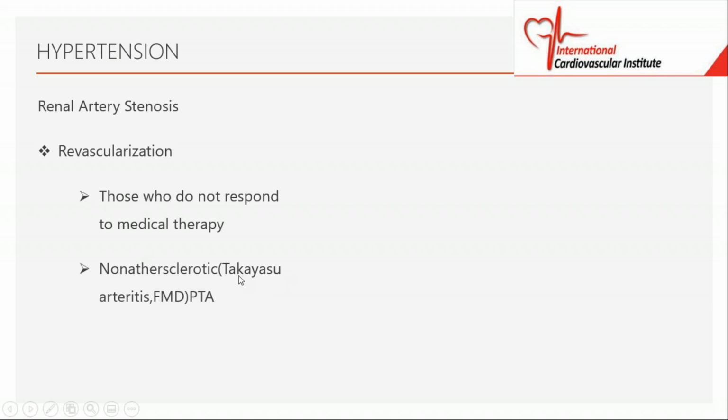Patients with Takayasu's arteritis and fibromuscular dysplasia, who are usually younger patients, you can send for angioplasty. But not all comers, especially your 85-year-old patient who has renal artery stenosis and whose blood pressure is quite good.